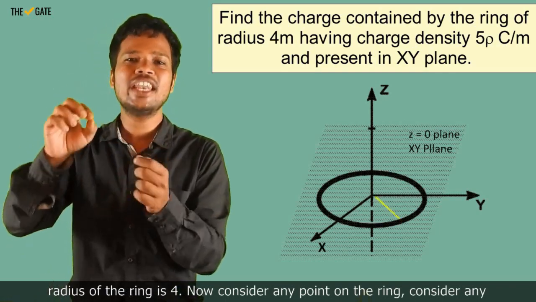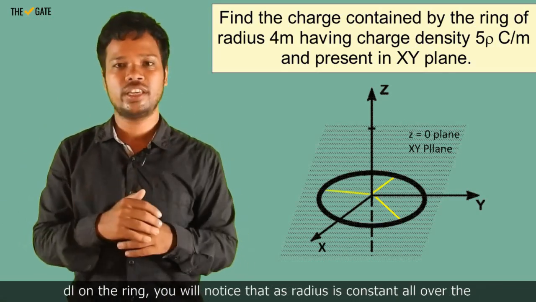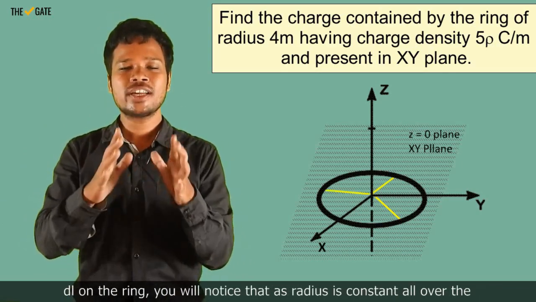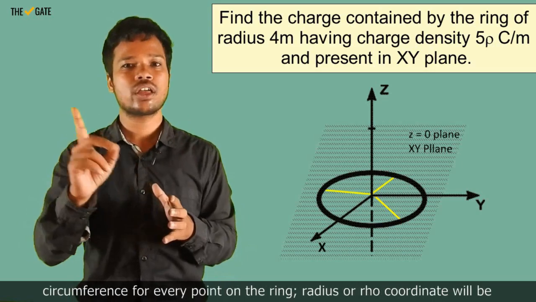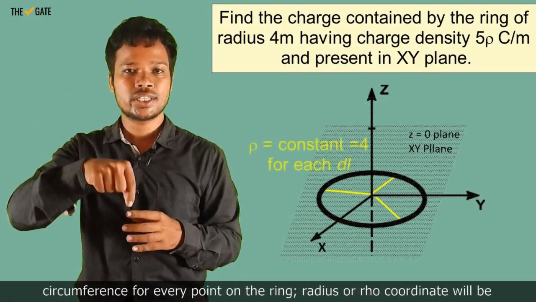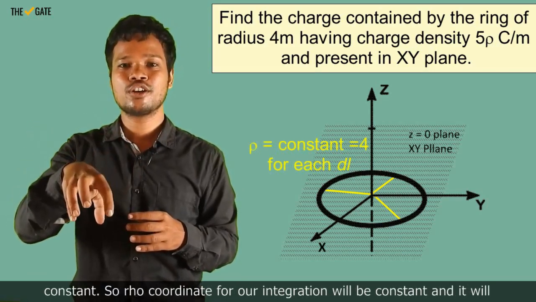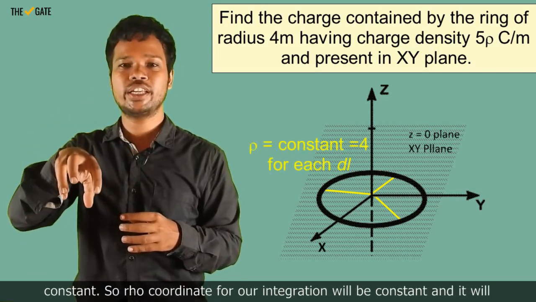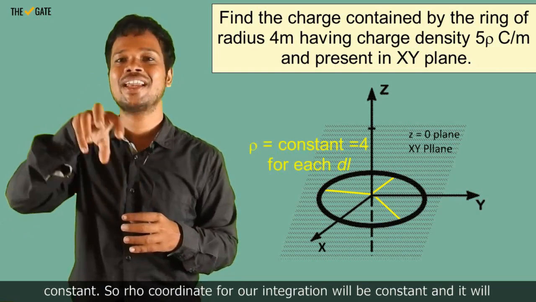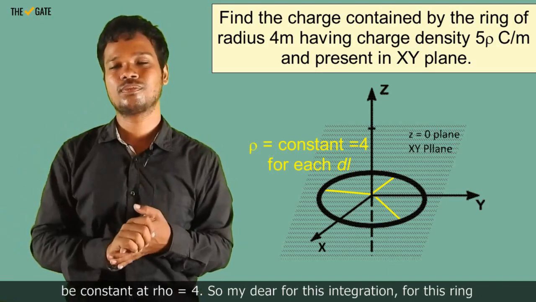The next thing given in the question, the radius of the ring is 4. Now consider any point on the ring. Consider any small dl on the ring. You will notice that as the radius is constant all over the circumference, for every point on the ring, the rho coordinate will be constant. So the rho coordinate for our integration will be constant at rho equal to 4.